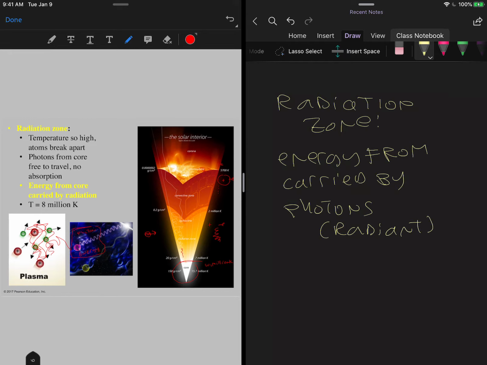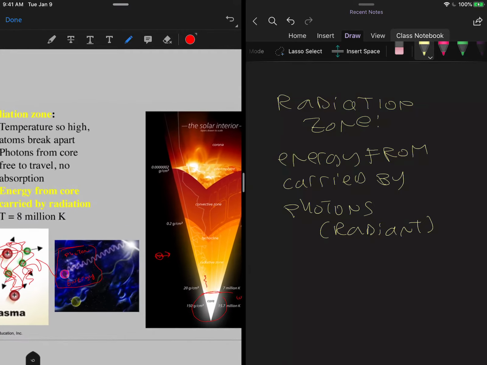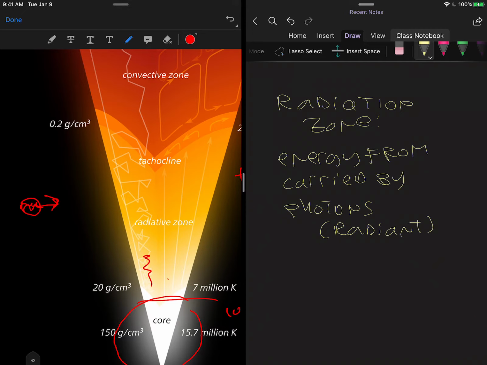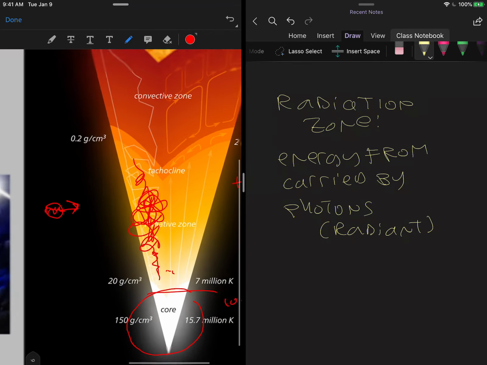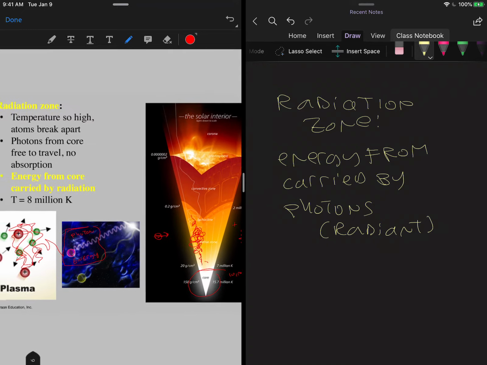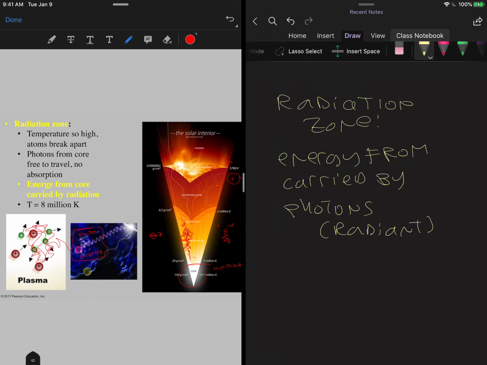But that radiation doesn't move in a straight line. What happens is that, as you can see in the picture here, these photons can't just move in a straight line. They're actually bouncing back and forth there. And it actually takes thousands of years for them to make their way outwards. But in this region, energy is carried by light, so we call that the radiation zone.